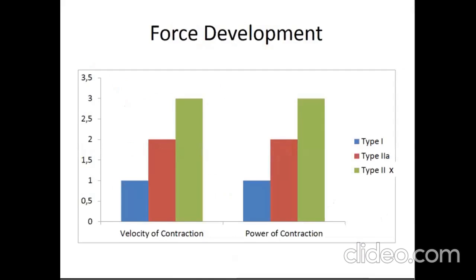If you look at force development properties of different muscle fibers in this graph, we have slow twitch in blue. We can see in this picture that it has the slowest ability to break down ATP due to slow myosin ATPase. Therefore, it generates little force and generates it relatively slowly. We have our fast twitch fiber in green.